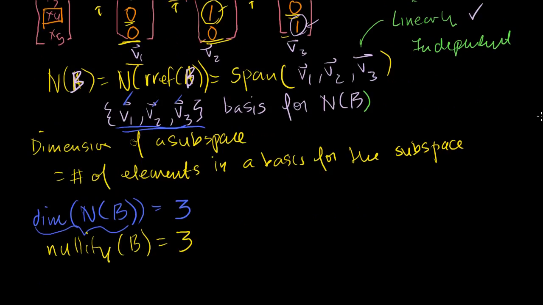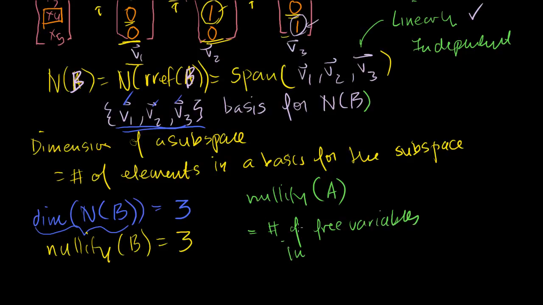So in general, the nullity of any matrix, let's say matrix A, is equal to the number of, I guess you could call it free variable columns, or the number of free variables in the reduced row echelon form of A. Or I guess we could say the number of non-pivot columns is the best one. The number of non-pivot columns in the reduced row echelon form of A, because that's essentially the number of free variables.